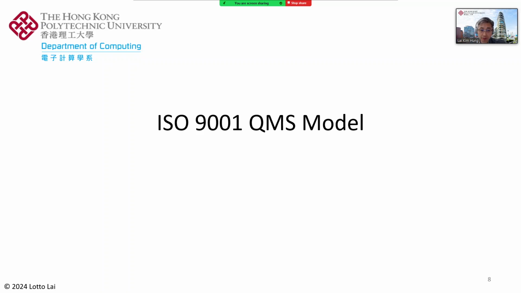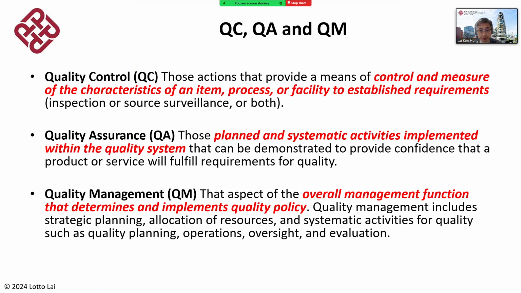So now I would like to introduce what the ISO 9001 QMS model is. When we're talking about quality, these three concepts are important: quality control, quality assurance, and quality management. What is the key difference?